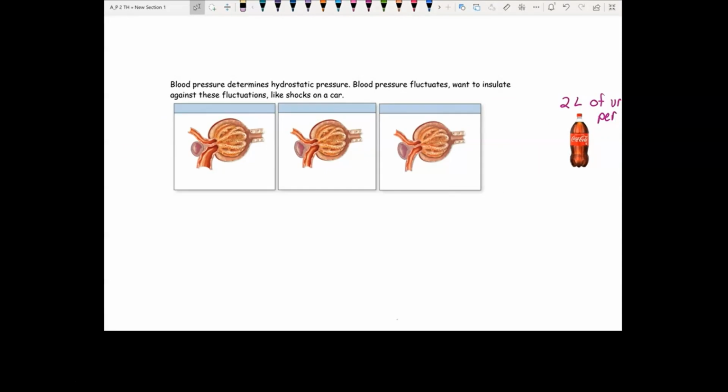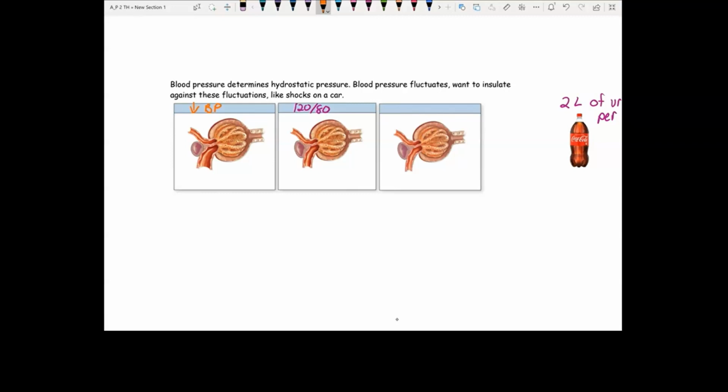Remember we said that pushing blood through your glomerulus relies on blood pressure. The middle picture, we're going to say is 120/80. This is just a normal average blood pressure. This picture is just our comparison picture. In the picture to the left, we are going to say that this person has low blood pressure, so their blood pressure is below 120/80.